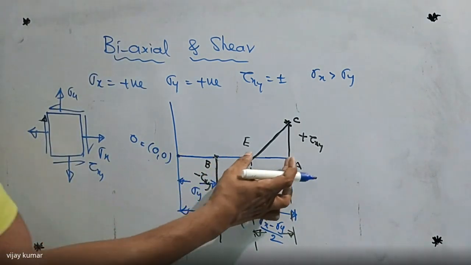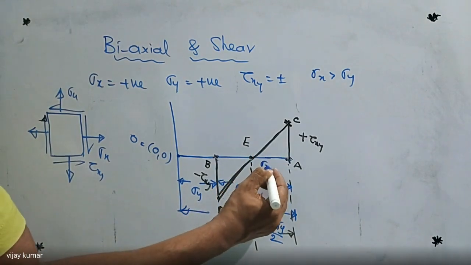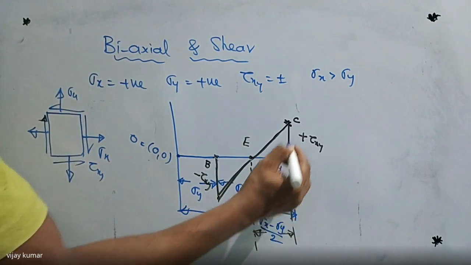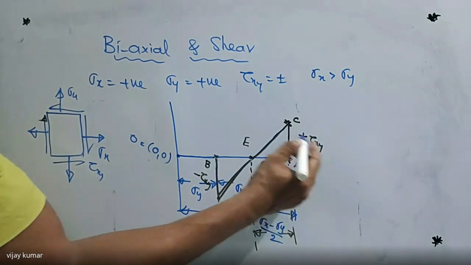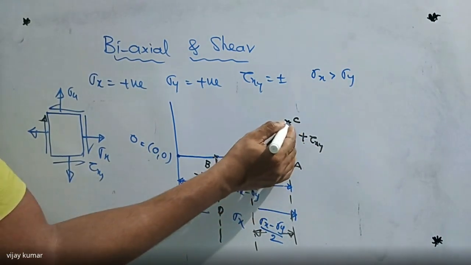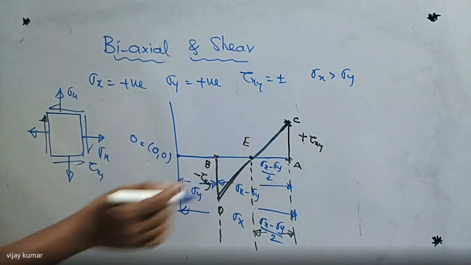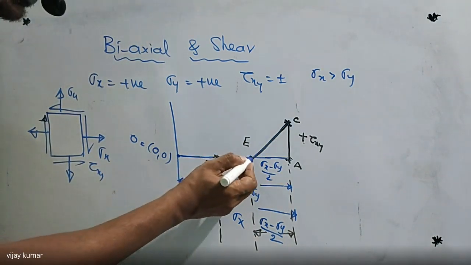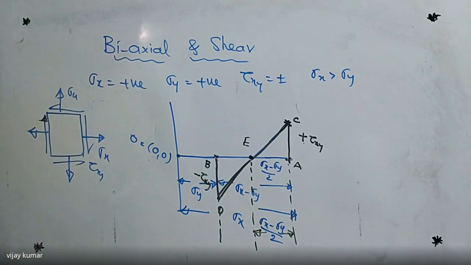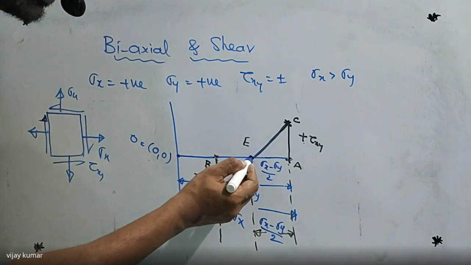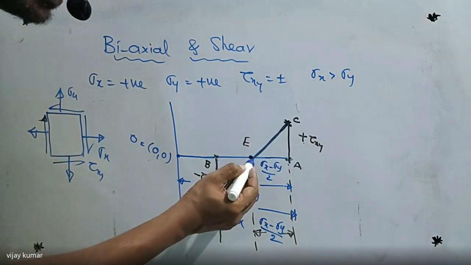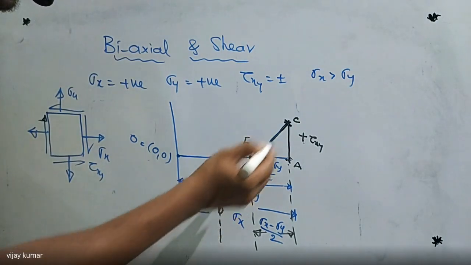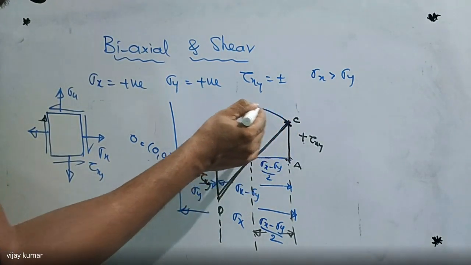Now I know this value, sigma x minus sigma y by 2. I know this value, tau xy. I want to find this value. This value is nothing but the hypotenuse generally. But here, this is the center I am taking. I am taking EC as radius, or ED as radius, and I am going to draw one circle here.